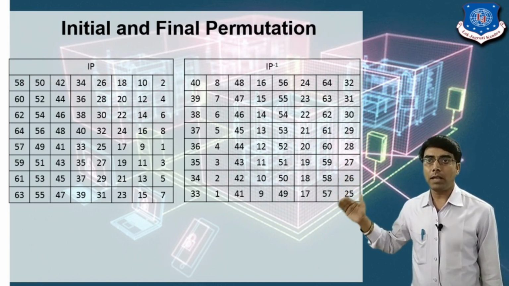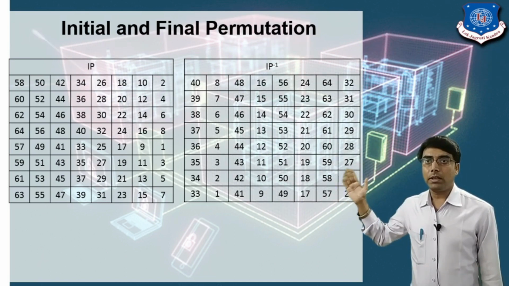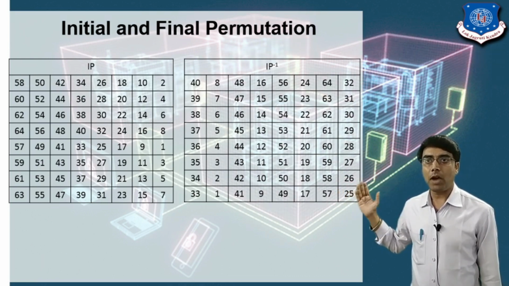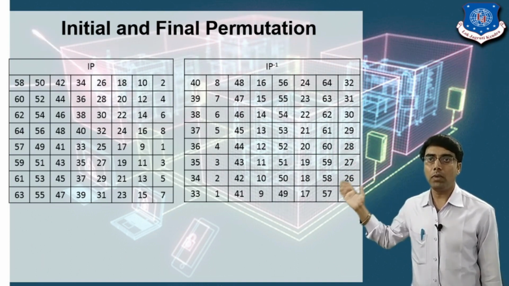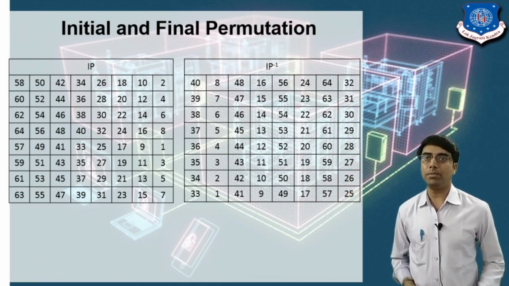Then the next column, 10, 12, 14, 16. Now we fill the next column, 18, 20, 22, 24. Now we fill the next column, 26, 28, 30, 32, up to 64.